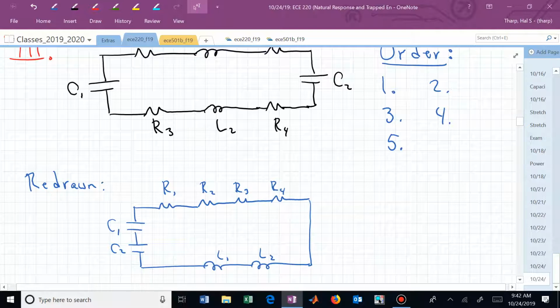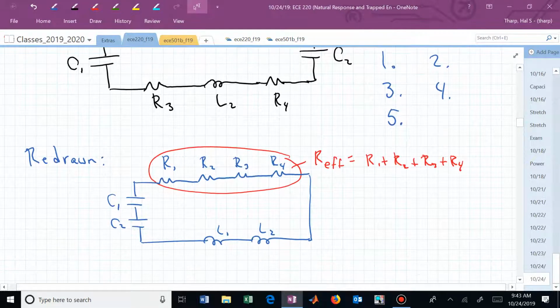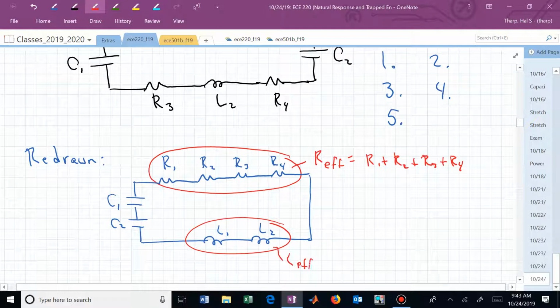So now we have many different effective elements. We have R effective, which is the sum of those 4 resistors. We have L effective. What's that expression-wise?